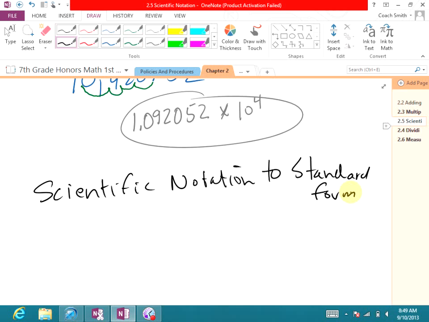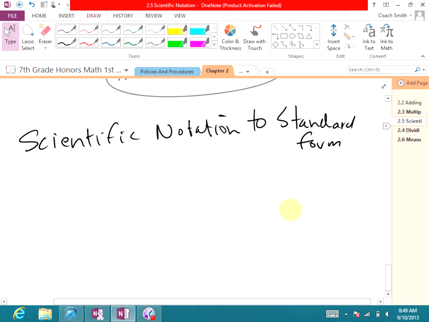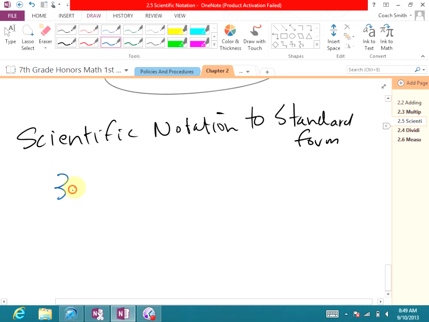For example, if I have 3.5802 times 10 to the 7th power. Okay? So that means I've got to change it to standard form.